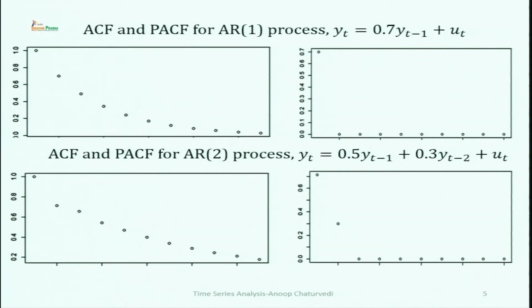I have also taken the autoregressive processes AR1 as well as AR2, and you observe that for the AR1 process, this is the ACF, it never vanishes, but the PACF vanishes after k equal to 1.